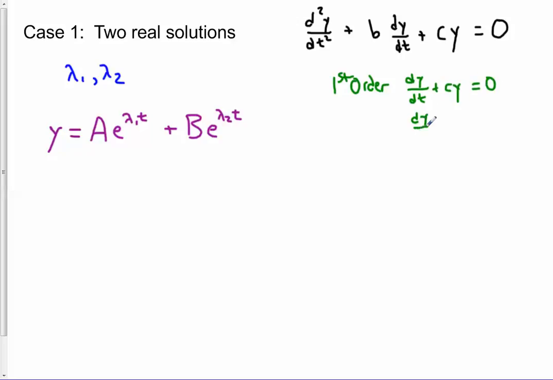Or, of course, we could bring the cy over. That would be fine. But the point is, we know that the solution here is e to the negative ct. It was an exponential times an arbitrary constant. Since I'm using c here, I won't call this big C like I usually do. I'll call it a. But again, the point is, it was an exponential function that worked in a first order linear constant coefficient homogeneous equation.